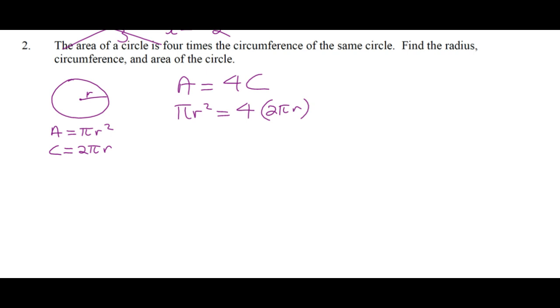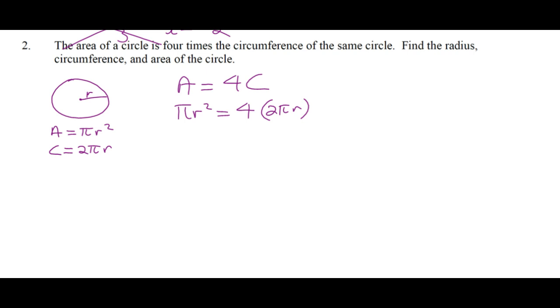So this method of solution is called comparison. It's solving by comparison. It's kind of a substitution thing, right? Because we've written A equals 4C, and then we've substituted for both A and C, and now we have an expression which can be solved. We're going to solve this for r. Where did 4C come from?